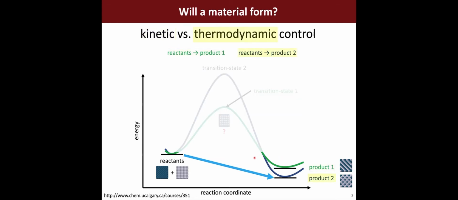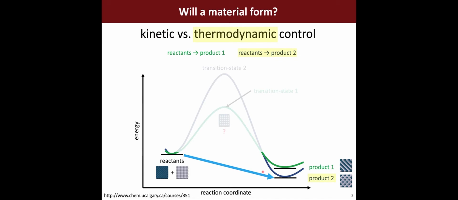If we focus purely on the thermodynamics, then we look at the beginning state and the end product. We don't look in the middle. Okay, so you can imagine that we sort of blur out the middle here. We just really focus on the end product, and we see that the energetics of product two are lower than product one. So if we look at it from a thermodynamic perspective, this is what we expect to see.